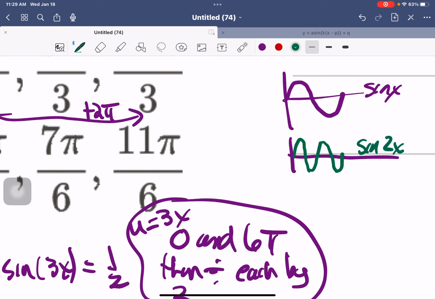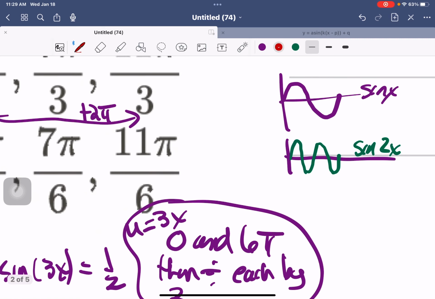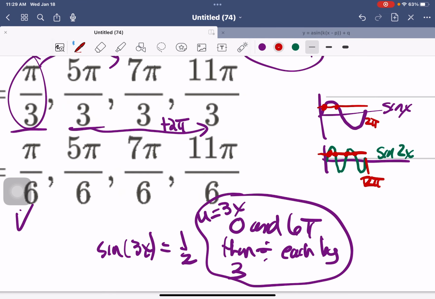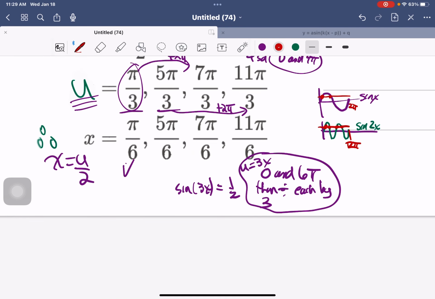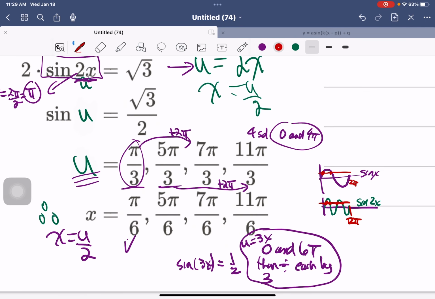So here there's 2 solutions, there and there. Here between 0 and 2 pi, if this is 2 pi and this is also 2 pi, you're going to get 4 solutions, okay? 1, 2, 3, 4. So you have to take u, get solutions between 0 and 4 pi, and divide each of them by 2. Okay, I'm going to stop there.